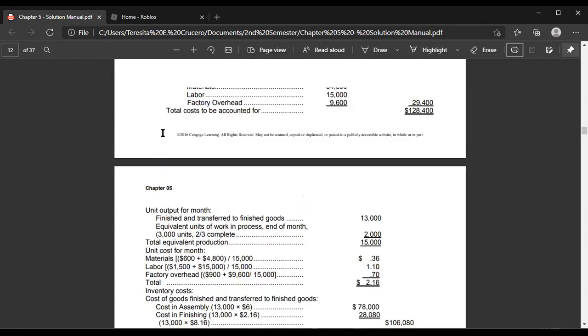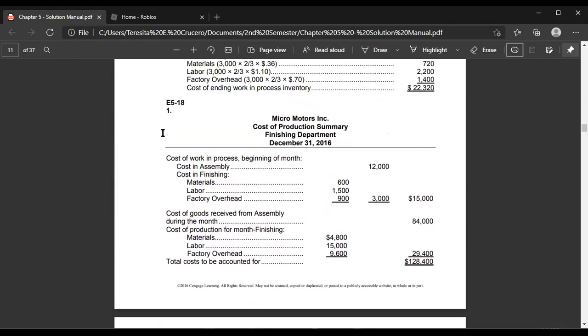Now we go to 18. As required, using the data in E517, prepare a cost production summary for the month of December for finishing, and prepare a journal entry to transfer the cost of completed units from finishing to the finished goods stock room. So in 18, we now get the work in process beginning.